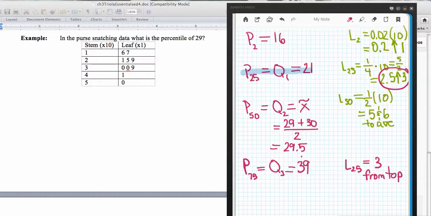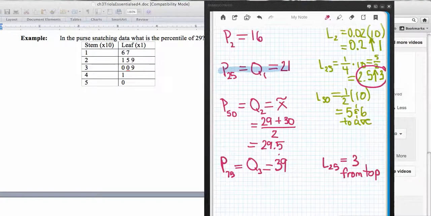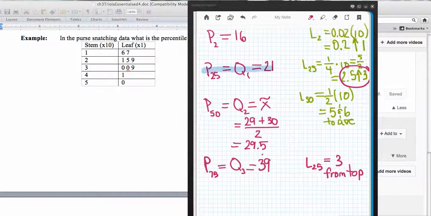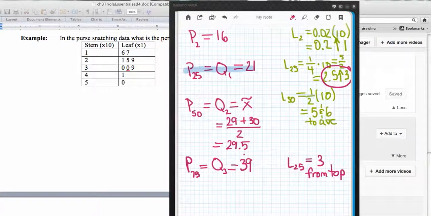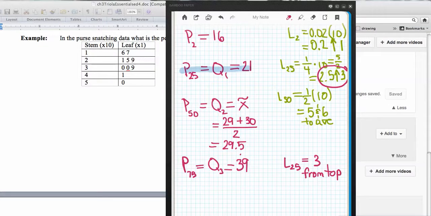Some of the books are very touchy-feely, some of them are a little bit more mathematically rigorous, as the Triola book is, and then the algorithms can differ totally from either of those extremes, and they can be something like what is used in the calculator. The calculator's algorithm is slightly different than this, however it does line up with this algorithm quite often. Every once in a while you'll see just a slight difference.